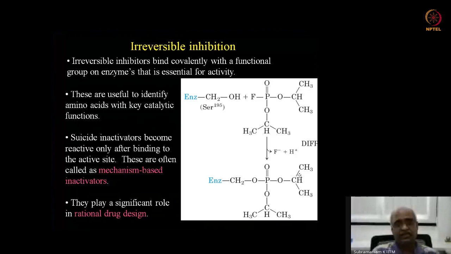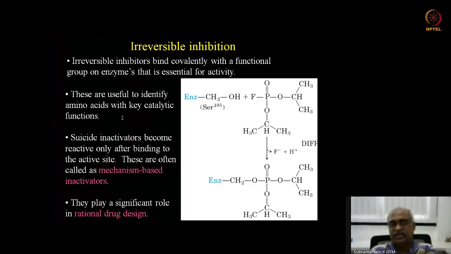And there are irreversible inhibitors. They covalently modify residues on the enzyme, oftentimes the active site residue, the residue that actively participates in catalysis, and they are useful to identify what residues are in the active site. For example, take this chymotrypsin serine hydroxyl group, serine 195 on the enzyme. 195 indicates the amino acid position from the N terminus, so this is the 195th amino acid.